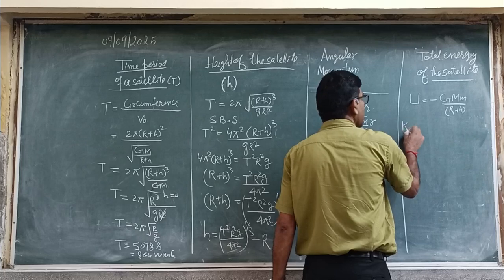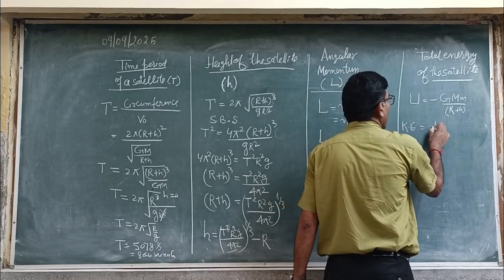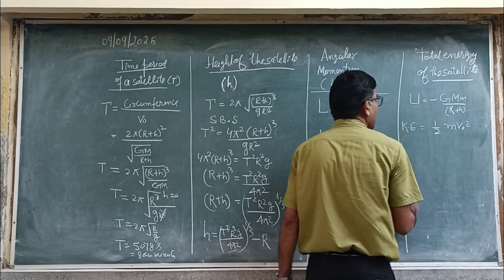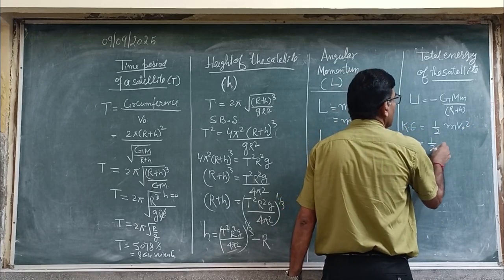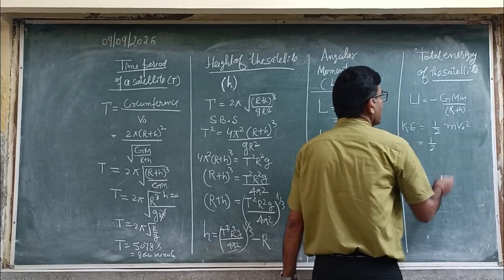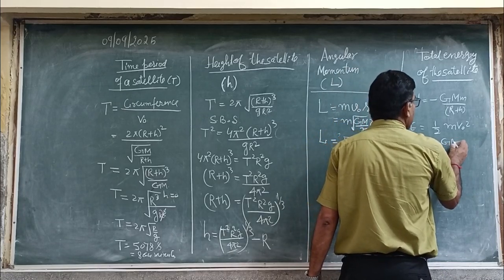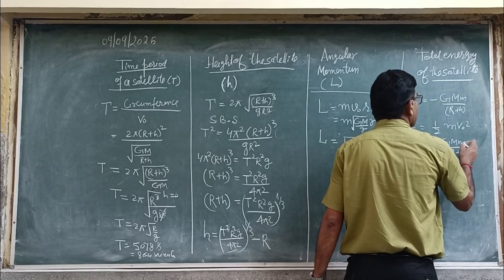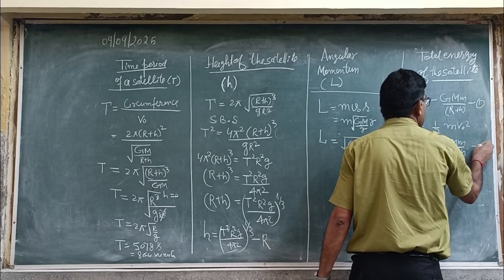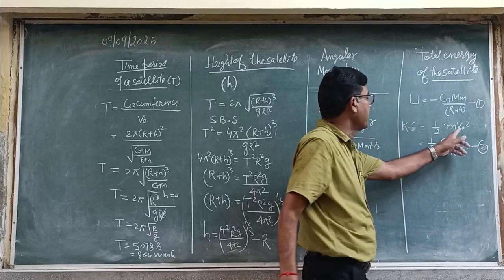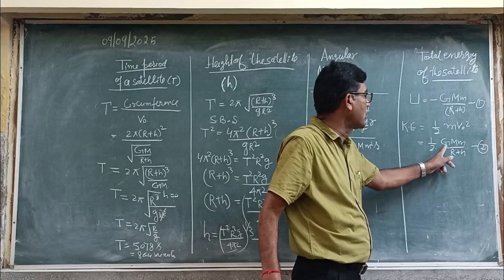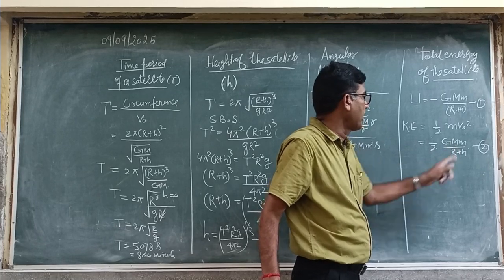Similarly, the kinetic energy can be written as 1 by 2 m v naught square, and this v naught square you can write down as GM upon r plus h. This is number 1. This is number 2. Simply I have written the value of the orbital velocity, v naught square is equal to GM upon r plus h.